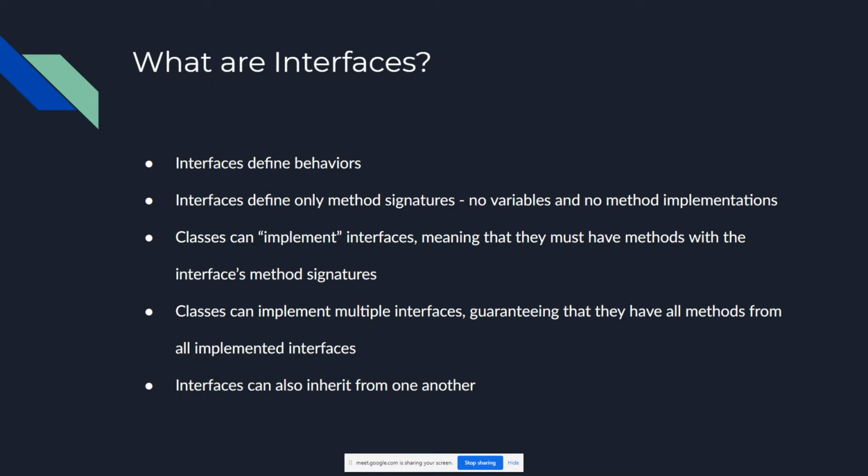And then if I make another class like my math class, and I say it implements the addable interface, that means that my math class has to define an add method with an integer as an output and 2 integers as inputs. Basically, an interface just guarantees that the classes that implement it do stuff. And I'll go over that a little bit more in a minute.